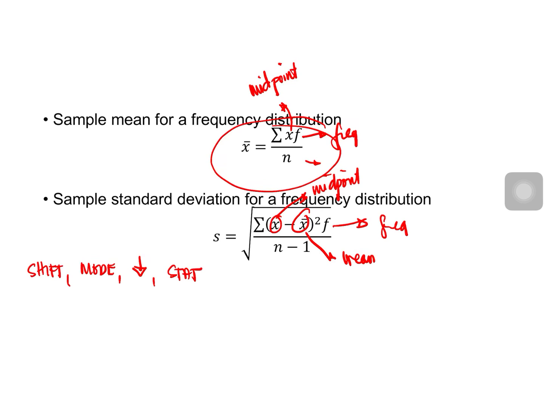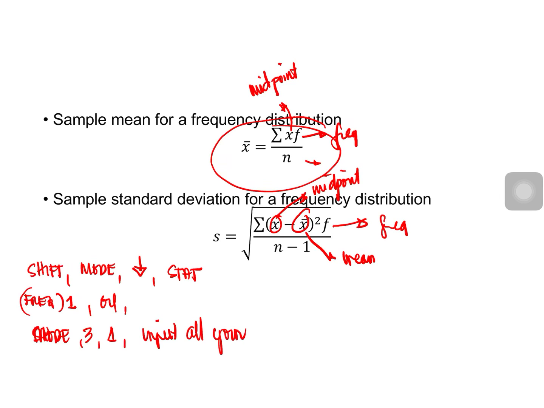Then you will be asked if you want to turn on your frequency. Turn it on, choose 1. Then press on again, then mode 3, 1. Then input all your values.